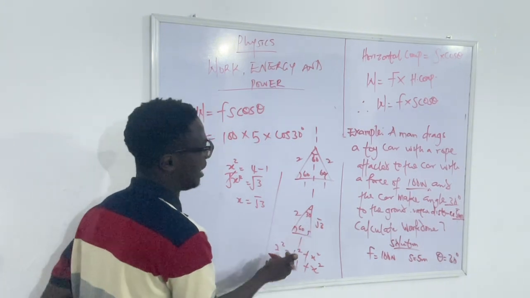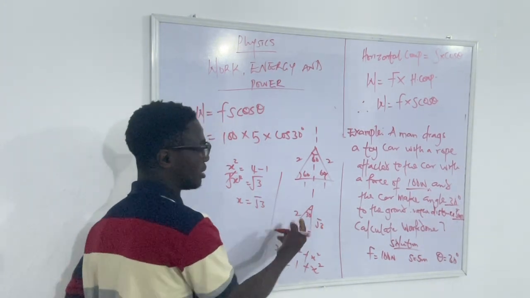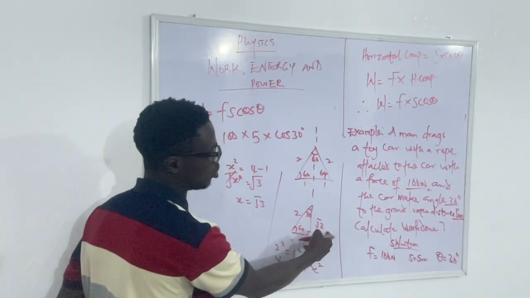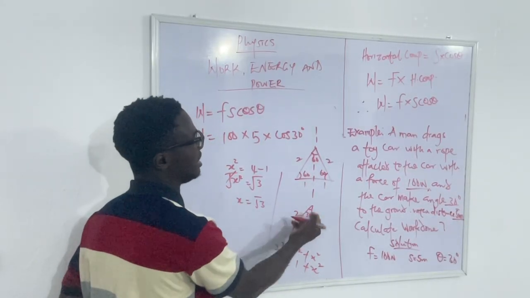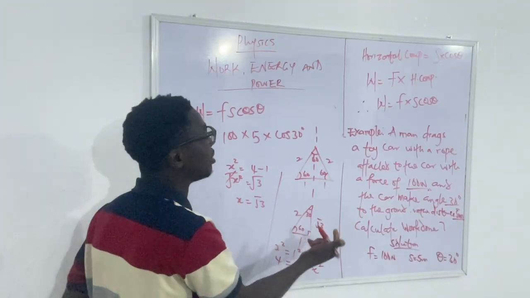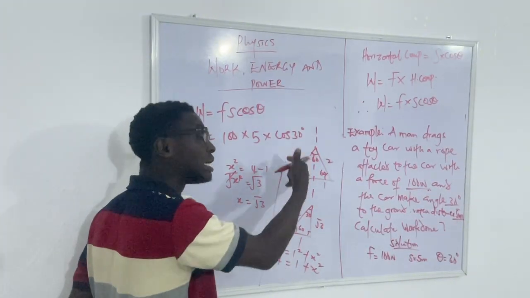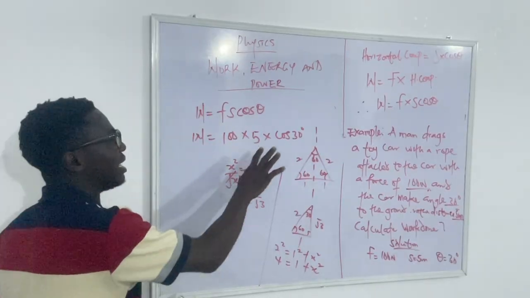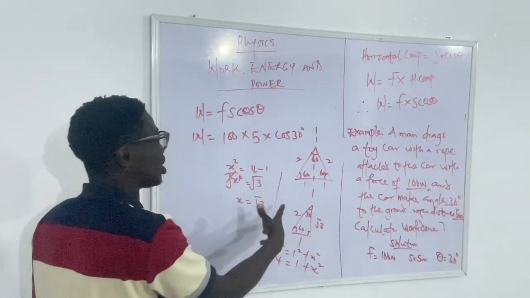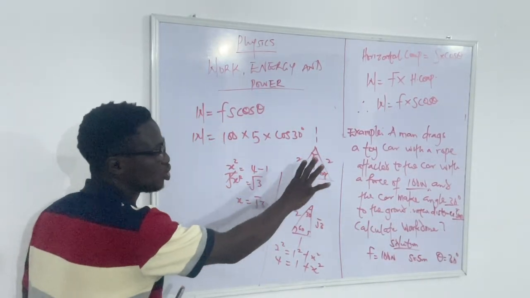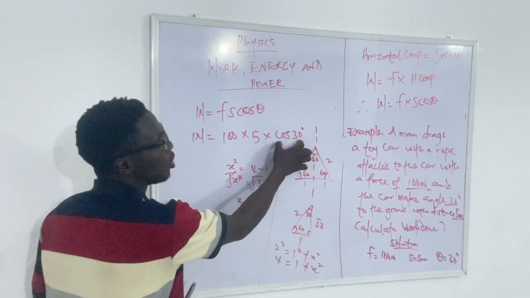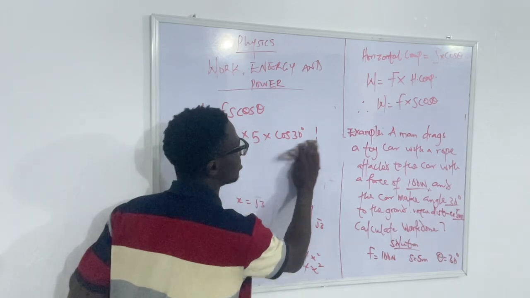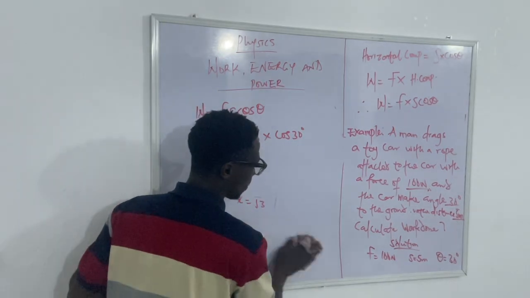So if you want to say cos 30, cos 30 is adjacent over hypotenuse, that's root 3 over 2. In lay language, root 3 over 2 is the same thing as 0.8660. Are we together? So this is just by the way. Actually, I just want to tell you how cos 30 amounts to root 3 over 2.